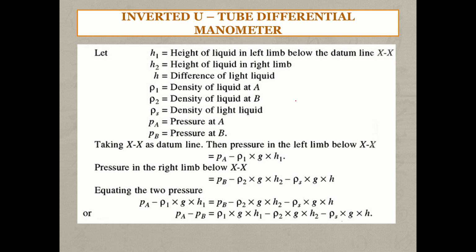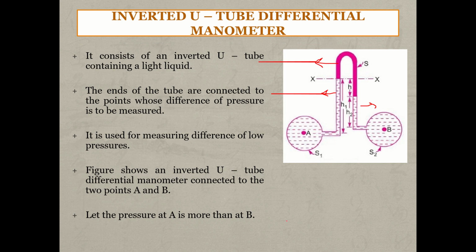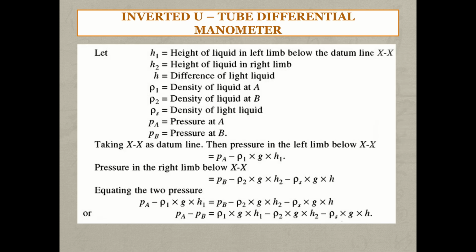Now let's say rho 1 is the density of liquid at A, whose specific gravity is S1, so rho 1 is equal to S1 into 1000, and let's say there is another liquid of specific gravity S2 in B, so rho 2 will be S2 into 1000. Pa is the pressure at A, Pb is the pressure at B.